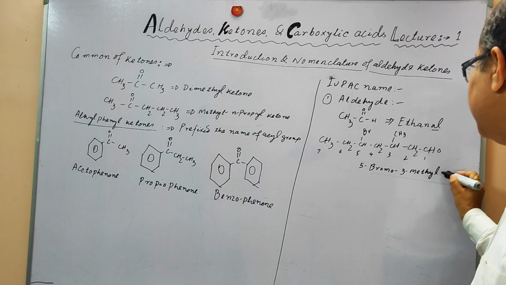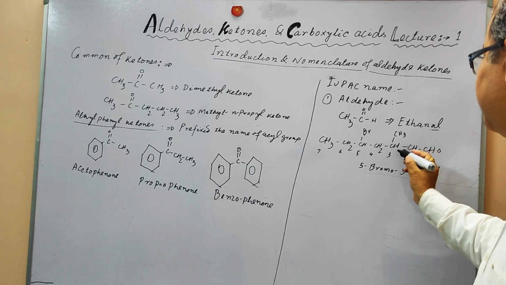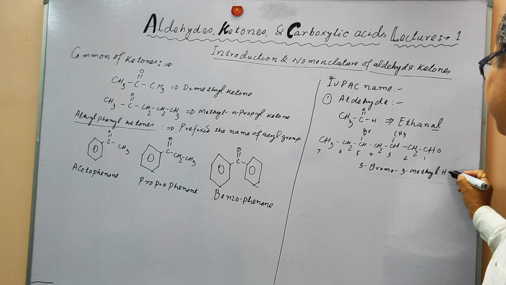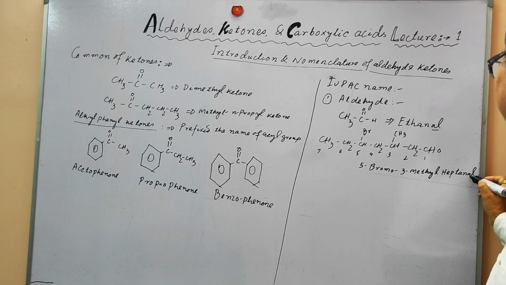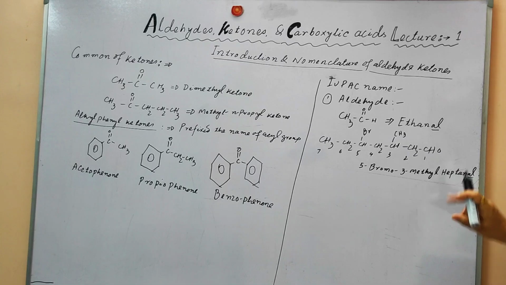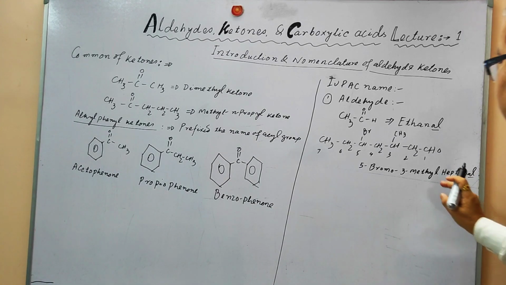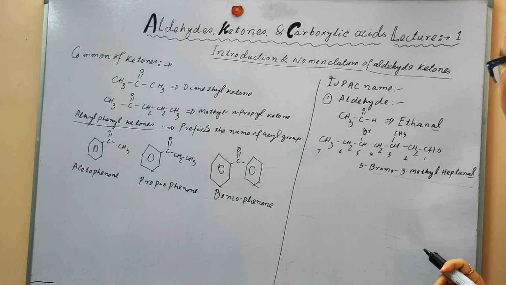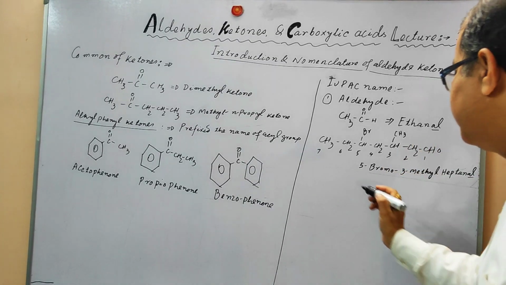Then you give the name of the alkane, which here is heptane, so we write heptanal. We replace the E of heptane by L. So this will be the name of this compound. Okay. Suppose there is a double bond present.